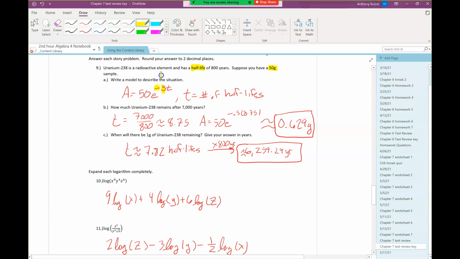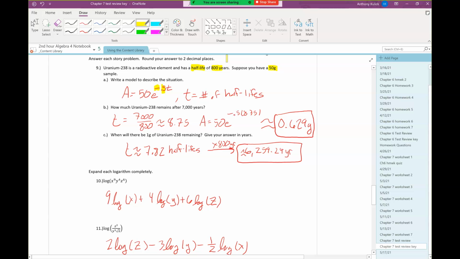The thing we have to be careful about is that you're losing half the stuff, but not every year, rather every 800 years. So the t there in this problem has to match the rate. So the t there is in number of half-lives. So like every 800 years we're at 25, and then 800 more years we'd be at 12 and a half.